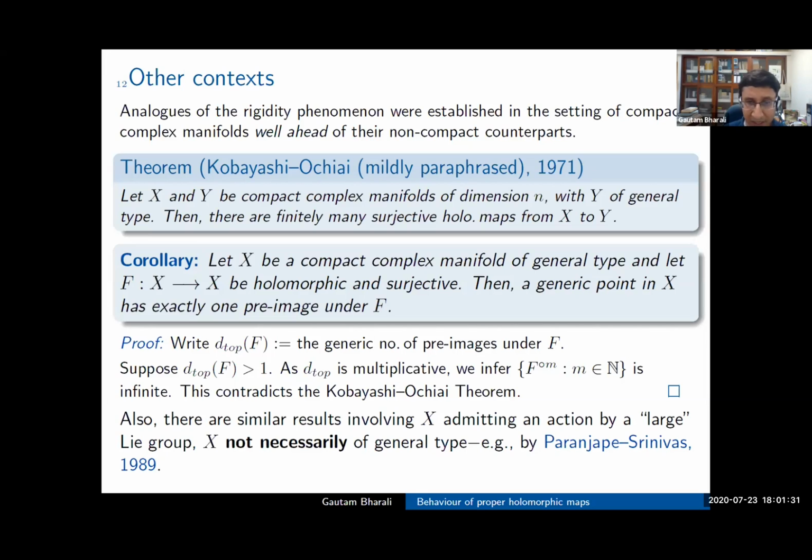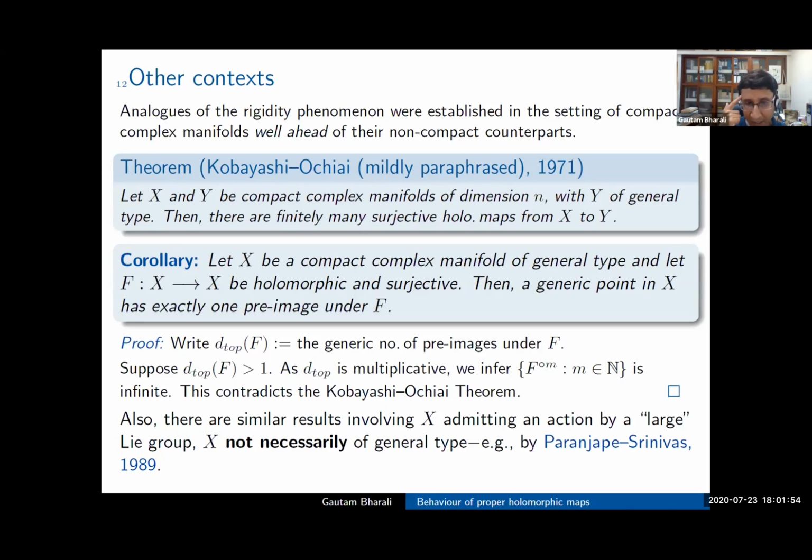The other reason I had for flashing this slide is that the heuristics for proving these sorts of results can be reverse engineered to prove results in the category of domains.